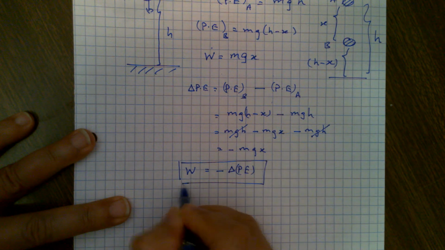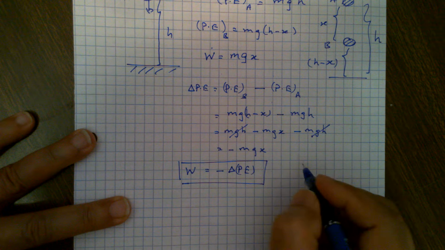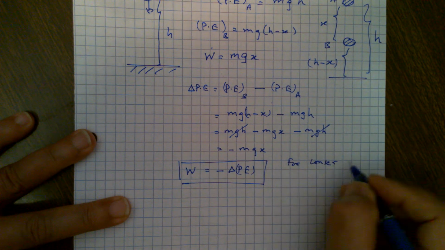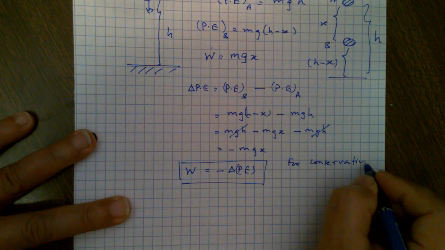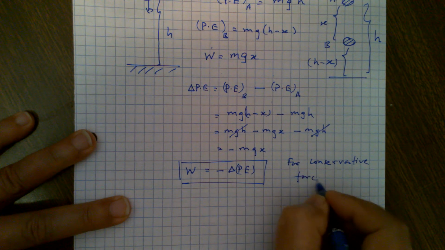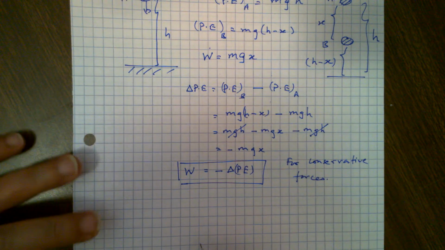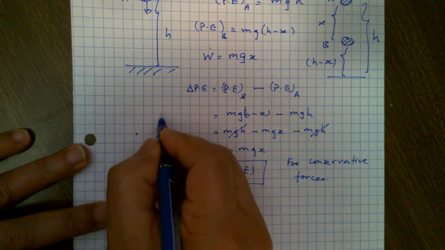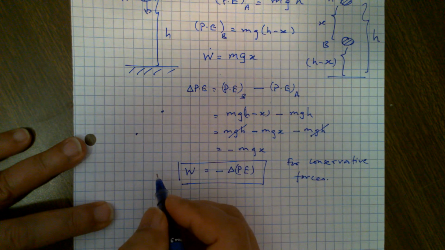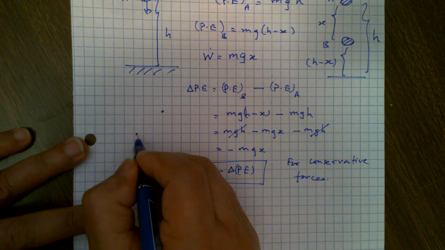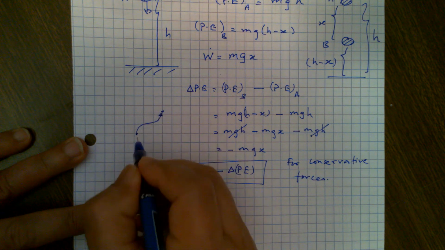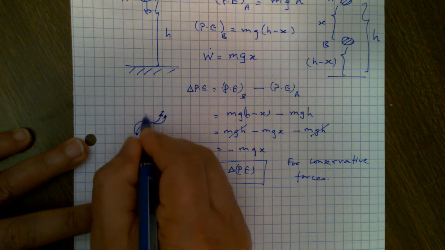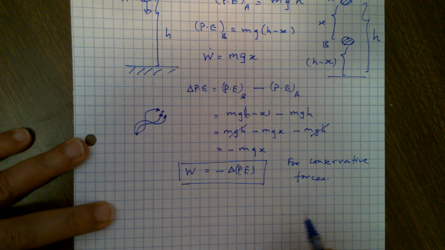And this is true for all conservative forces. What are conservative forces? Let's suppose if you want to go from one point to another, let's say in a gravitational field, then it doesn't matter which path you take to go from one point to another, the amount of work you have to do is the same.